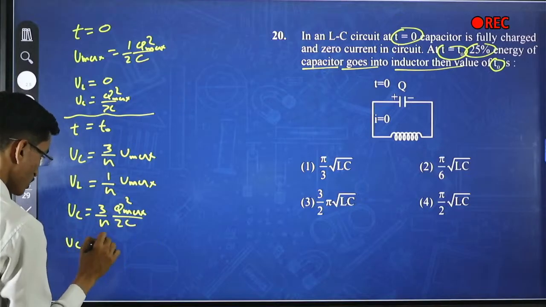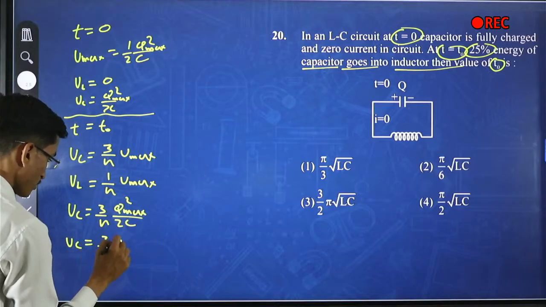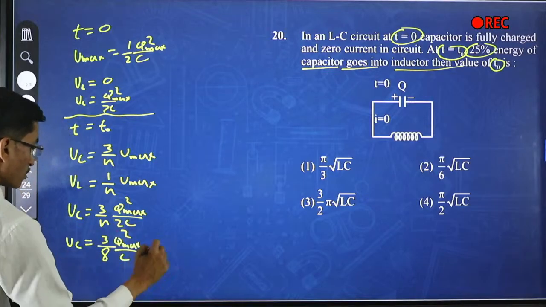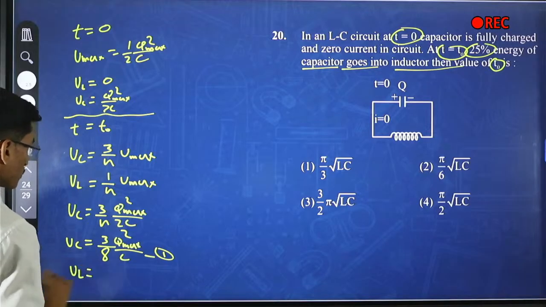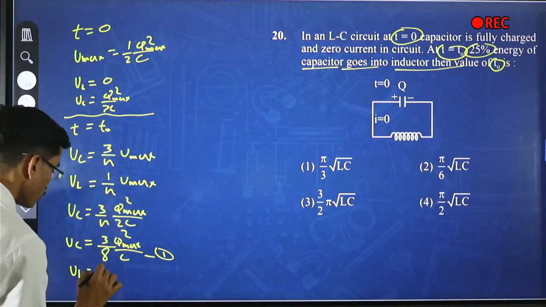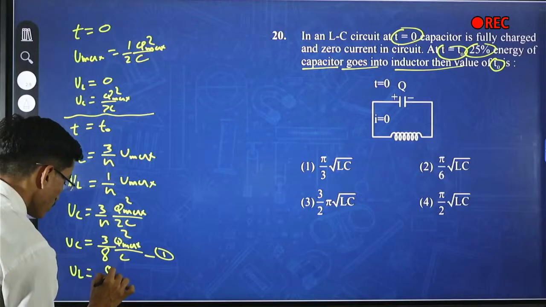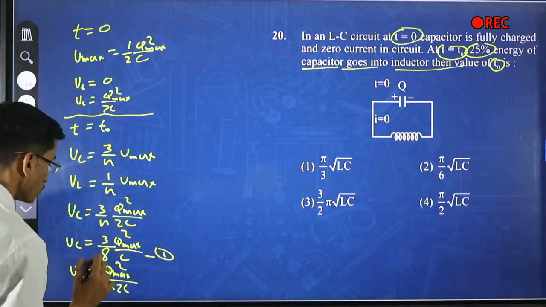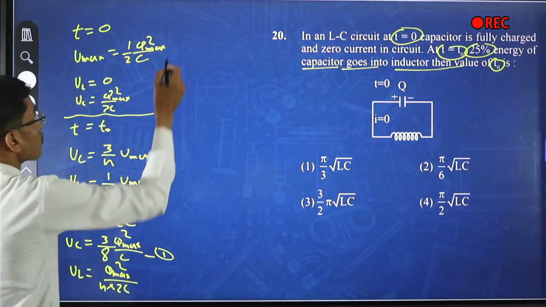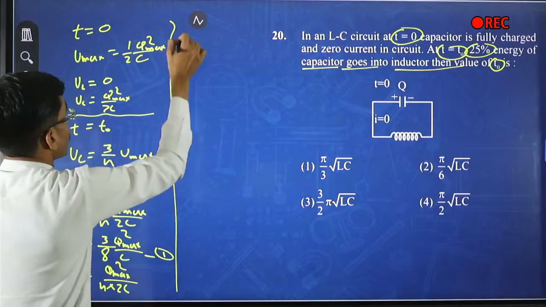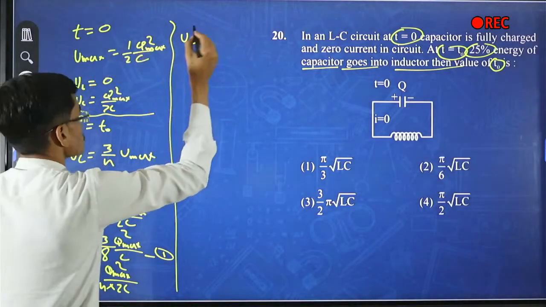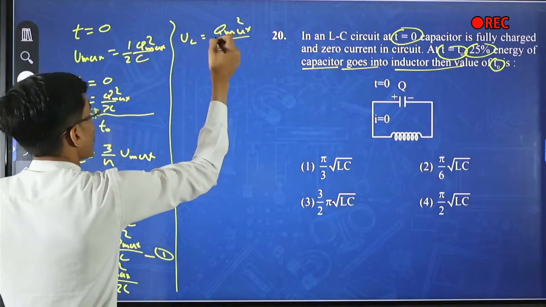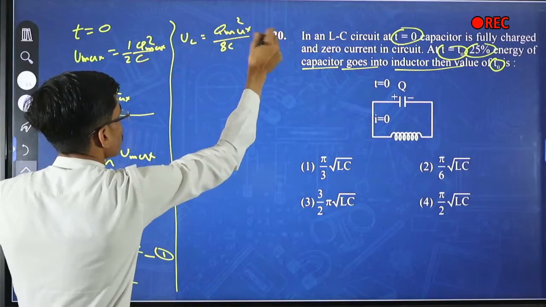So UC is equal to 3 by 8 Q max square by c, and U max is equal to Q max square by 2c into 4. So UL is equal to Q max square by 8c. Let us call this equation 2.